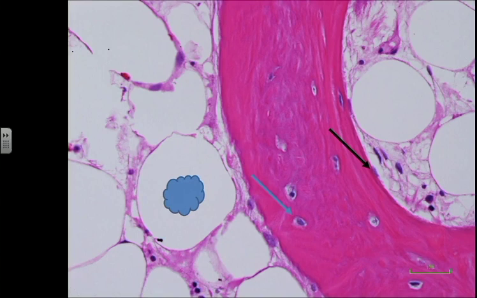These cells appear to be inactive, but there is evidence that they become active when the bone undergoes the process of remodeling, which means that the bone starts to eat the old bone and form new bone.